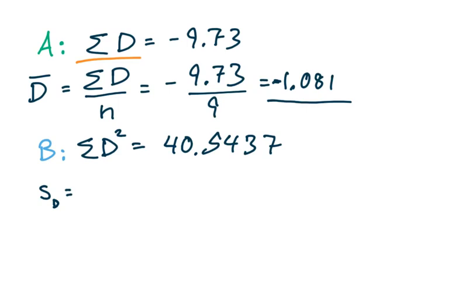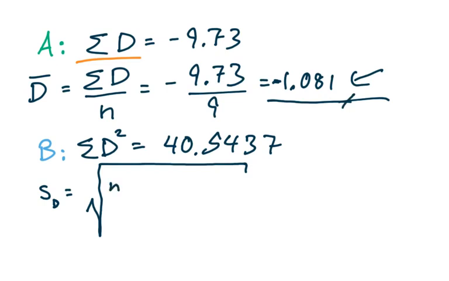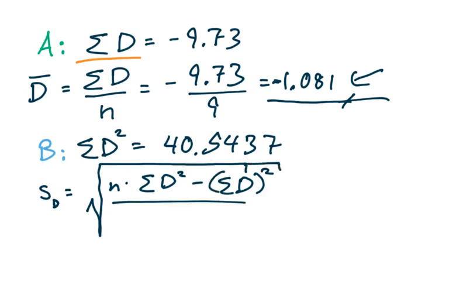We're going to use the computation that is the shortcut. So we're not going to come back and look at this and then look at the actual differences and how they're compared to this. No, we're going to use this one where we go n times sigma of our d squared, minus the summation of d itself, and then we square that whole sum, and then divide by n times n minus 1.